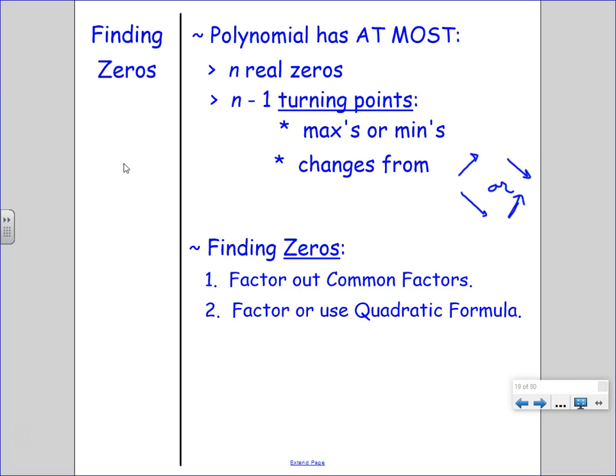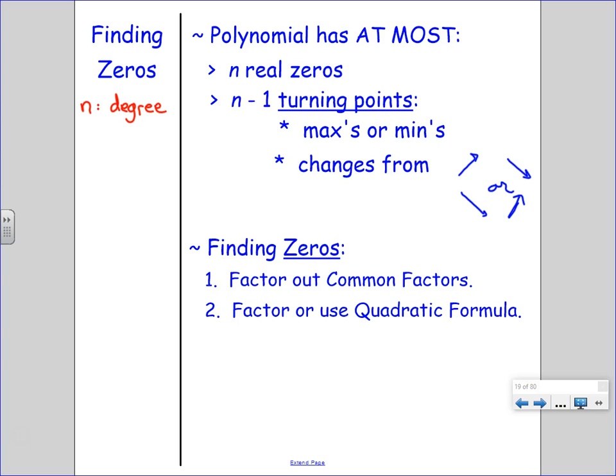Okay, a polynomial has at most n. Wait, who's n again? Do you remember? N is the number. What's the snazzy name for the highest power of a polynomial? Degree. So for a cubic, the degree is 3. For a quartic, the degree is 4.